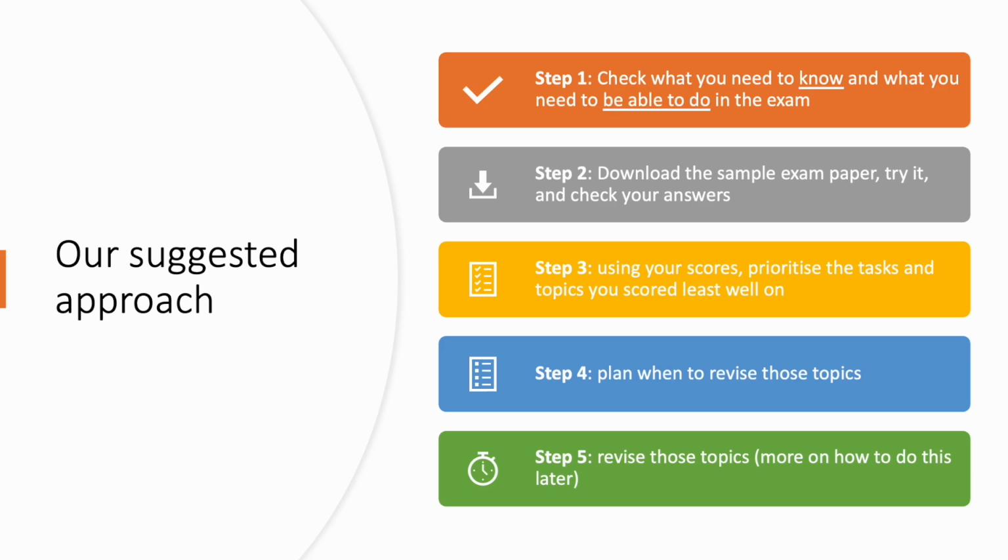Our suggested approach on behalf of the teachers is, step one, check what you need to know for the exam and what you need to be able to do. Step two, download the sample exam paper, try it, and check your answers.